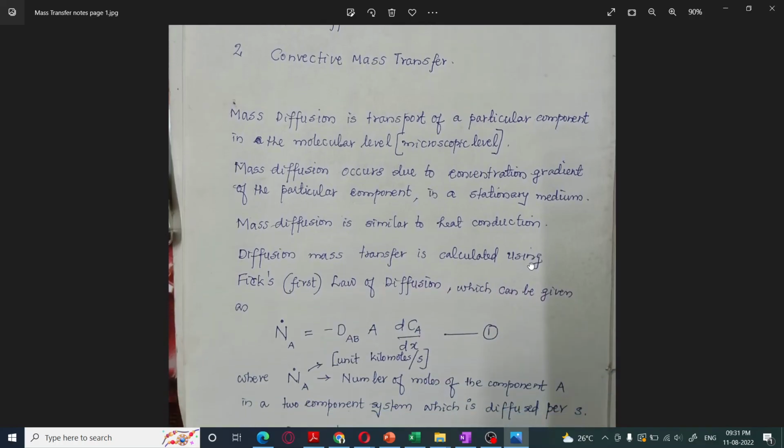Now, how do we calculate the diffusion mass transfer? It is calculated using the law called Fick's law of diffusion. There are two laws by the name Fick's law.